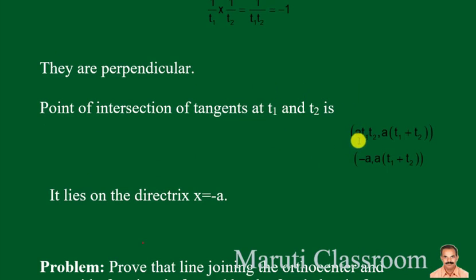Because t1 t2 equals minus 1, the x coordinate becomes minus a. If the x coordinate is minus a, this point lies on the line x equal to minus a, which is the directrix. Therefore, the point of intersection of tangents at the ends of the focal chord lies on the directrix, and also they are perpendicular.